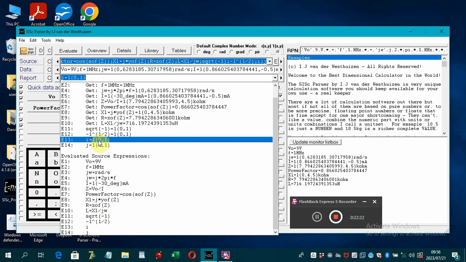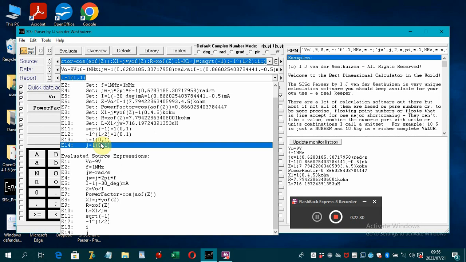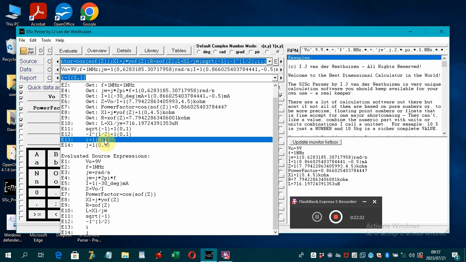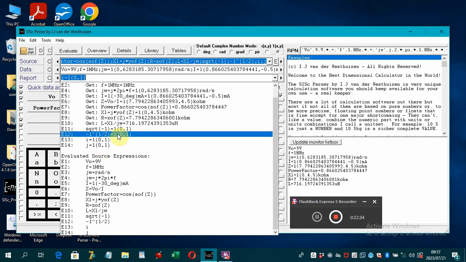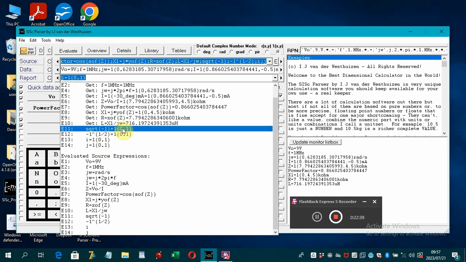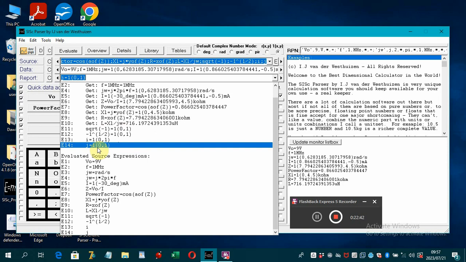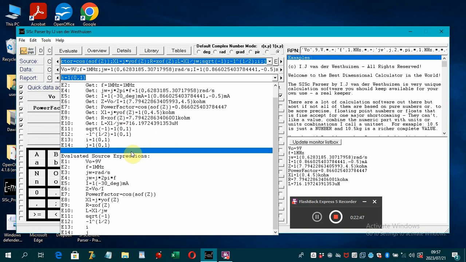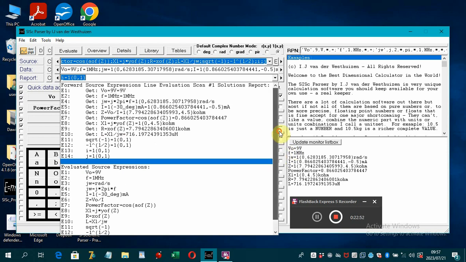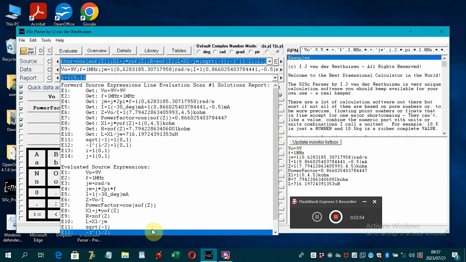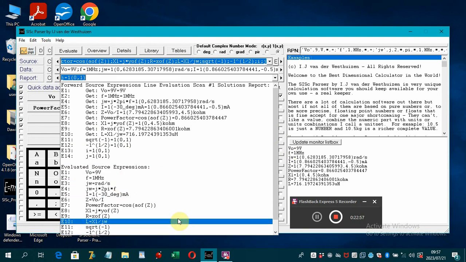There's basically a vector from coordinate 0 comma 0 to 0 comma 1, and you see it's all the same. So i is exactly equal to the square root of minus 1, even in rectangular mode. You can pause it and study it. It's very simple, it's all here. I'm just going to go back. You can't fit everything in here, but the source equations are just simple source equations.